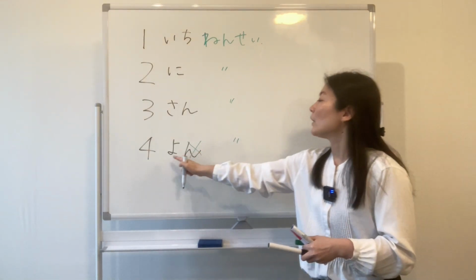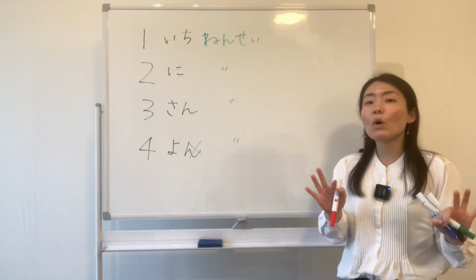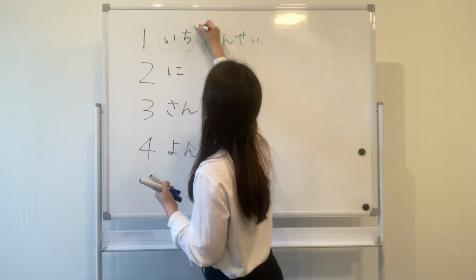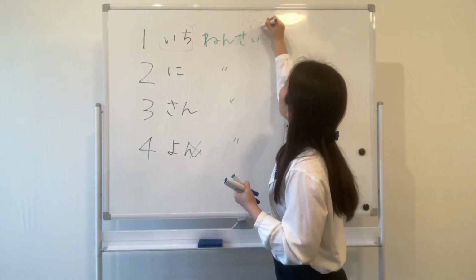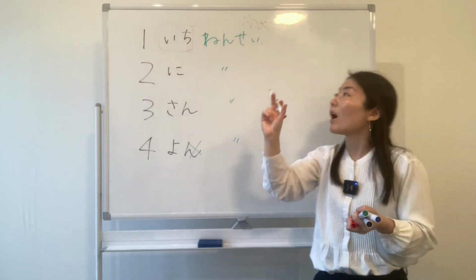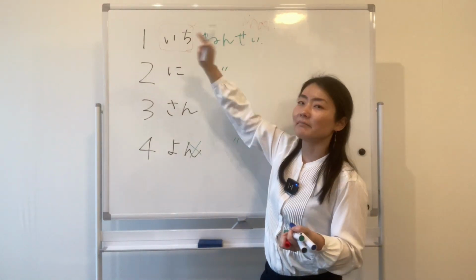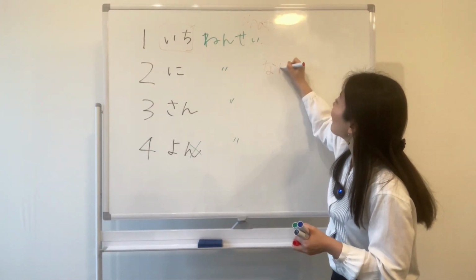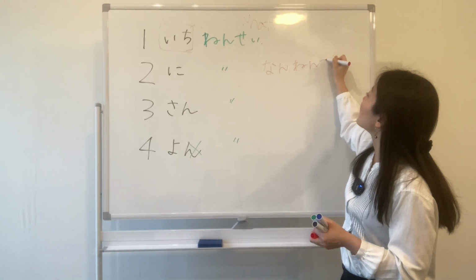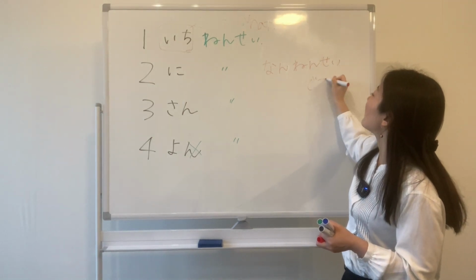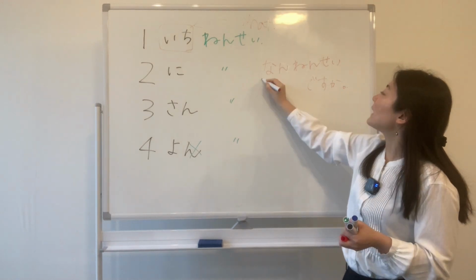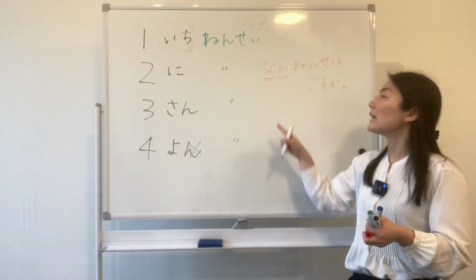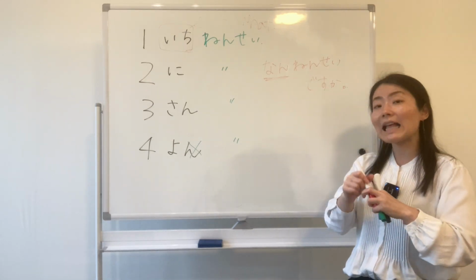And if you want to ask which year, we can put the Japanese word for what here. That is Nannensei desu ka? We can ask which year. Nannensei desu ka?